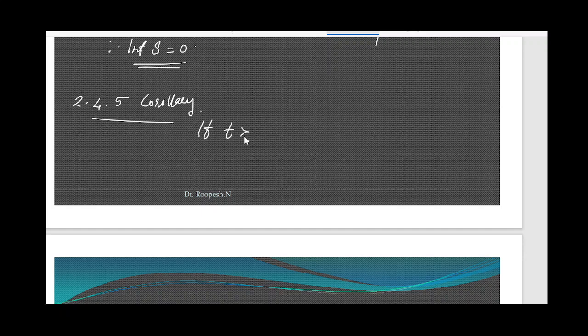If t is greater than 0, there exists n_t belonging to N such that 0 is less than 1 by n_t, which is less than t.